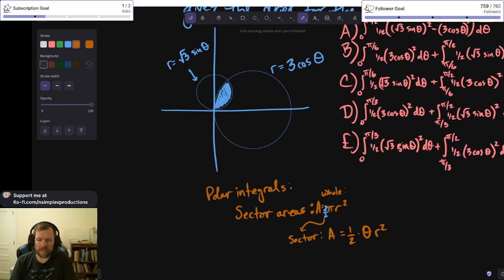So what we're really looking at is that our area is going to be 1/2 theta r squared, and r is going to be a function of theta in the first place.